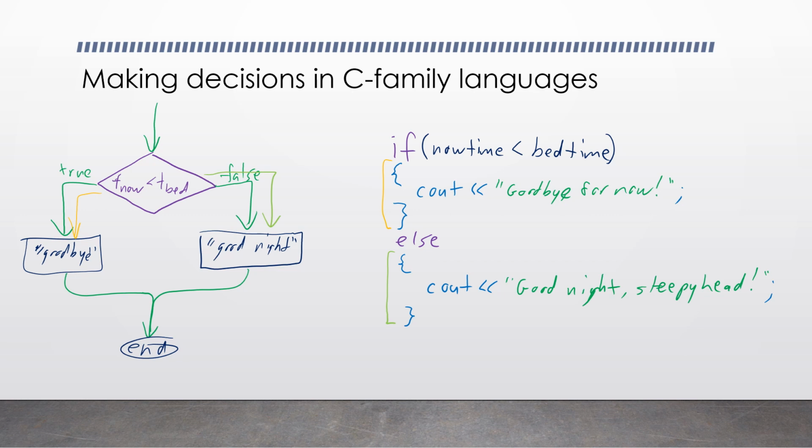Okay, so that's the basic structure of a C++ if else construct. That's how a decision is made in C, C++, Java, C#. I think that's how Apple's Swift uses decisions as well. So all works pretty well.